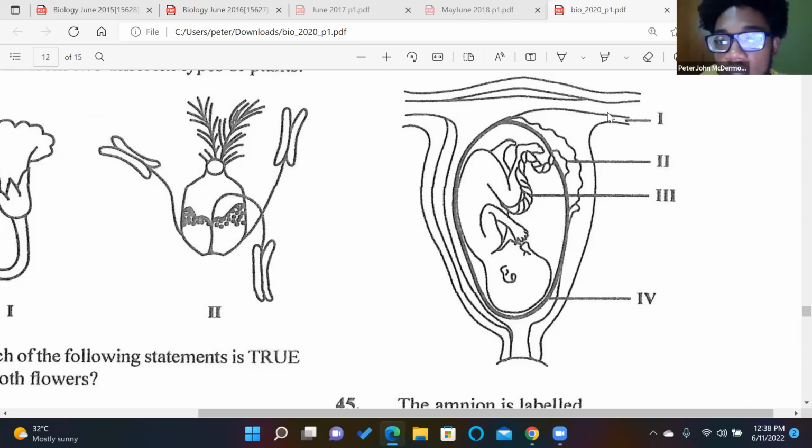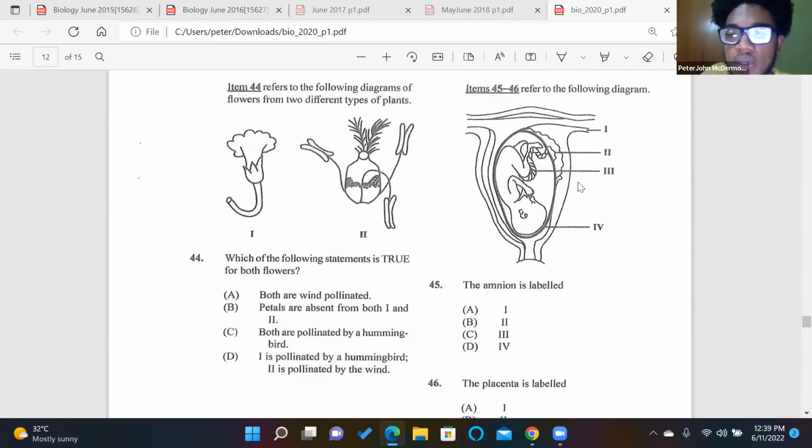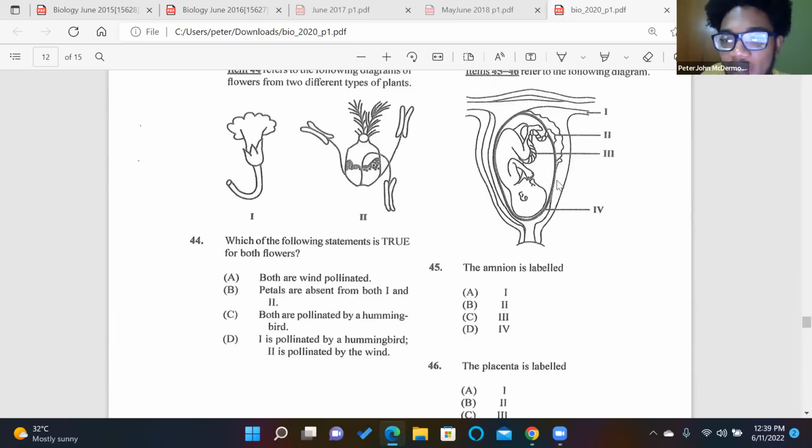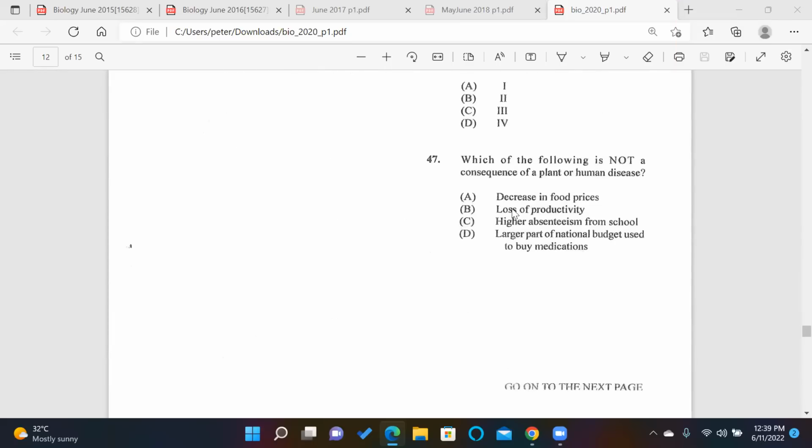Because this is a uterus, right? So 1 could maybe be the wall of the oviduct. But it's a weird diagram to me. But I think 2 is probably placenta. What's the placenta labeled? 2. Yeah, that's my bad. I shouldn't have said it.